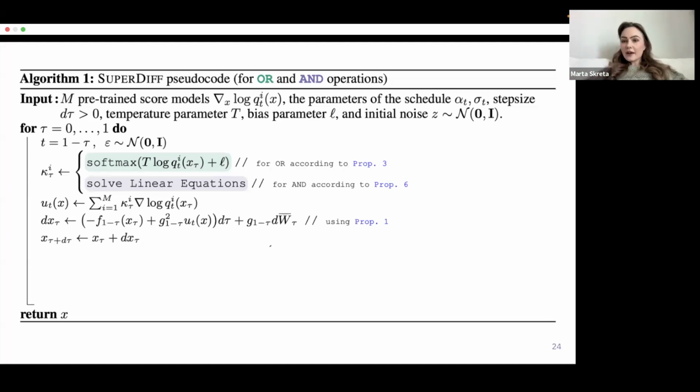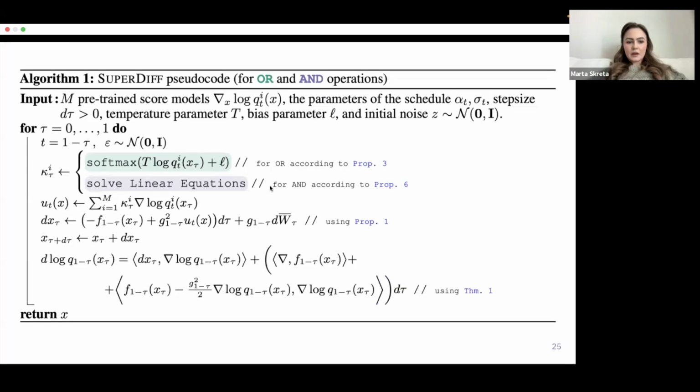Then we use these weighting values to weight our vector field. And this is the vector field that we use to move our particle in time. And then at the very end, we compute the change in density, which we do using Ito's lemma, which is what we went over in the last few slides.